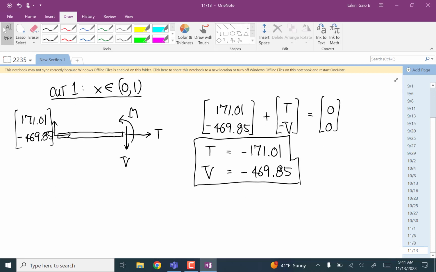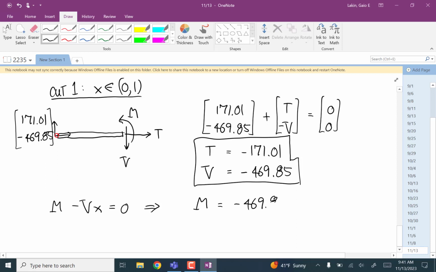And then the moments, we have M. My about point is over here, so those don't produce anything. M minus Vx is equal to 0. So M is equal to Vx. So M is equal to negative 469.85x.